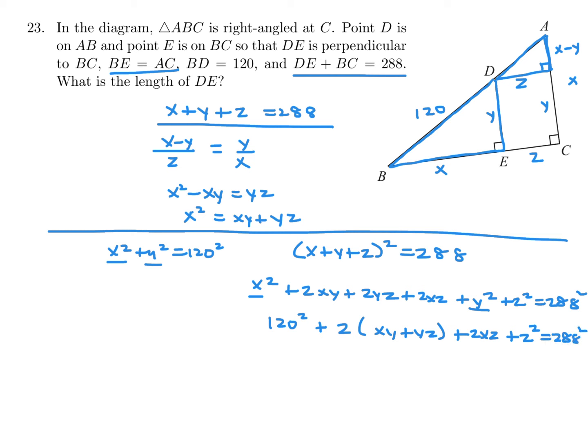Okay, so at this point we have xy plus yz. Well, I knew there was some use for that. This is x squared, so I've got 120 squared plus 2x squared plus 2xz plus z squared is 288 squared. Okay, that's actually pretty good.